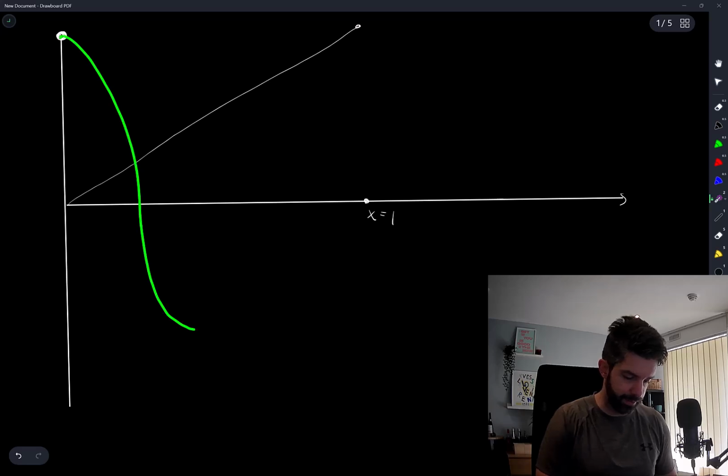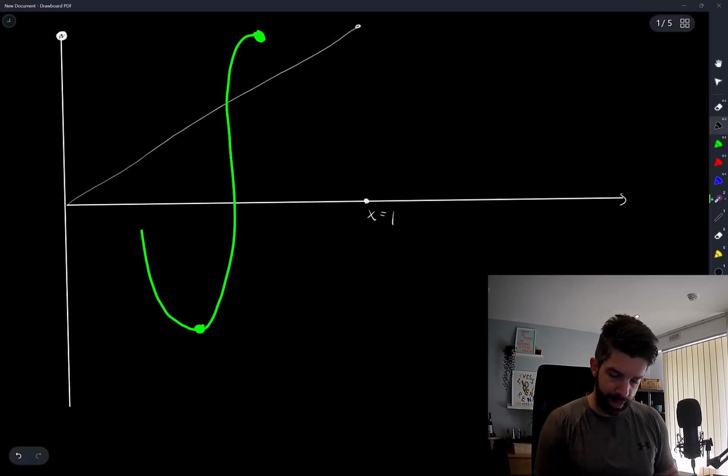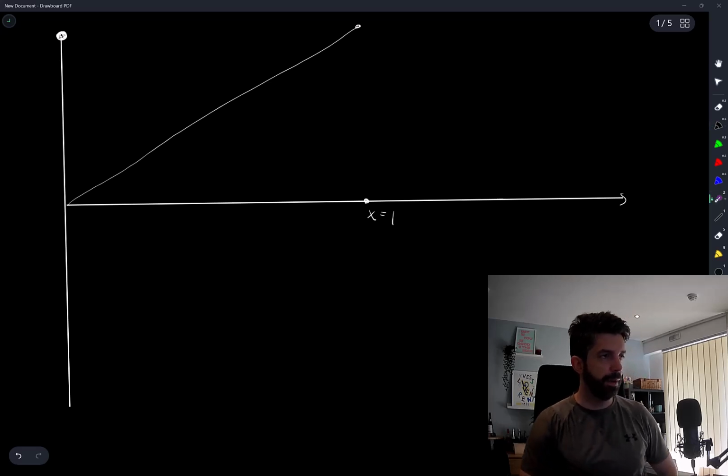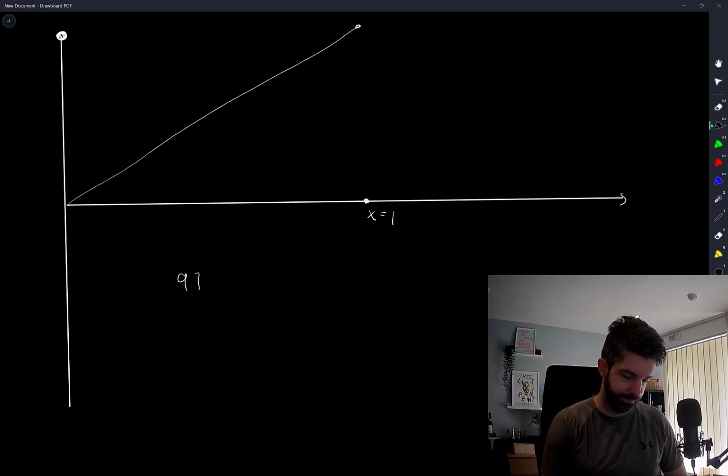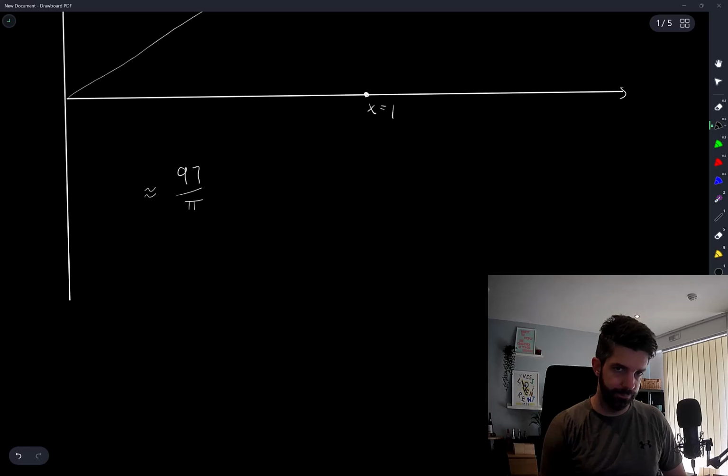A half period will count one solution, and the next half period will count another solution. And we have to figure out, when x goes from 0 up to 1, how many times 97x crosses over a multiple of pi. So the answer is going to be approximately 97 over pi, I think. Which, if I look at the options here, is close to 31.